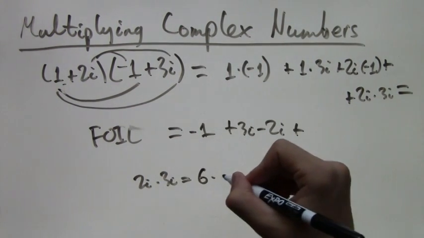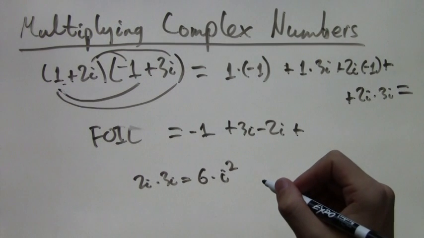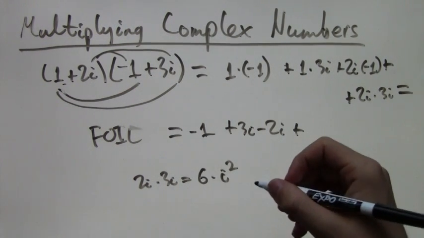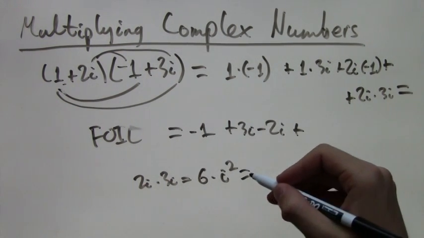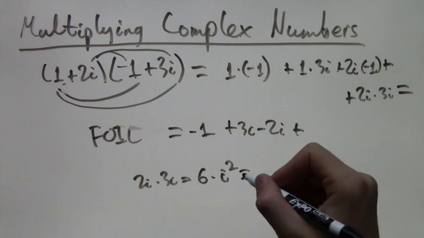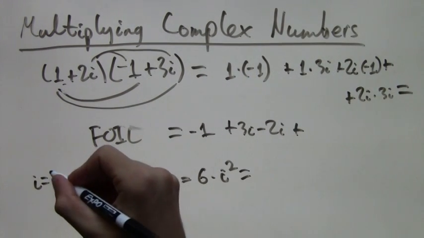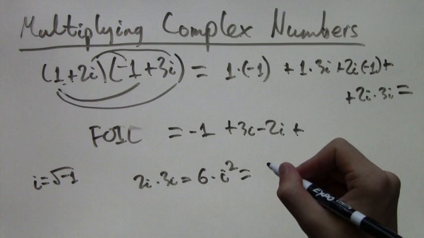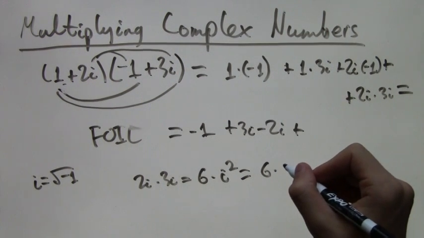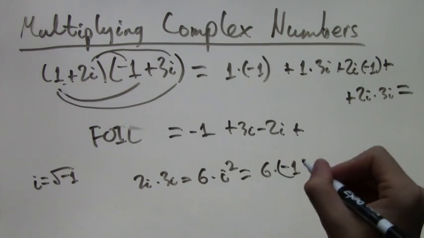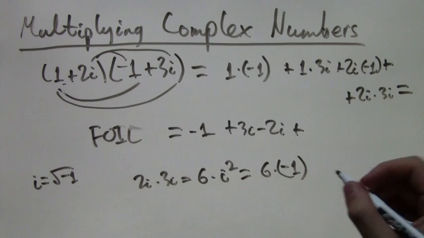2i times 3i is 6i squared. And i squared is going to be equal to -1. Because remember, i is the letter representation of the square root of -1. They're the same thing. So if you square i, you get -1.